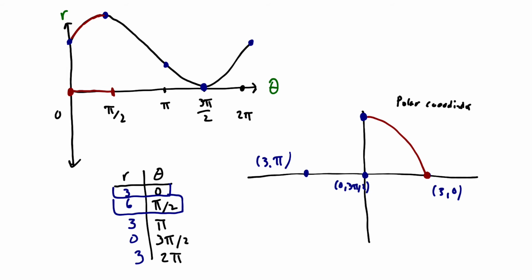So as our angle increases from pi divided by 2 to pi, our radius is decreasing from 6 to 3. And now, as we increase our angle from pi to 3 pi divided by 2, in this region here, our r is also decreasing from 3 to 0.